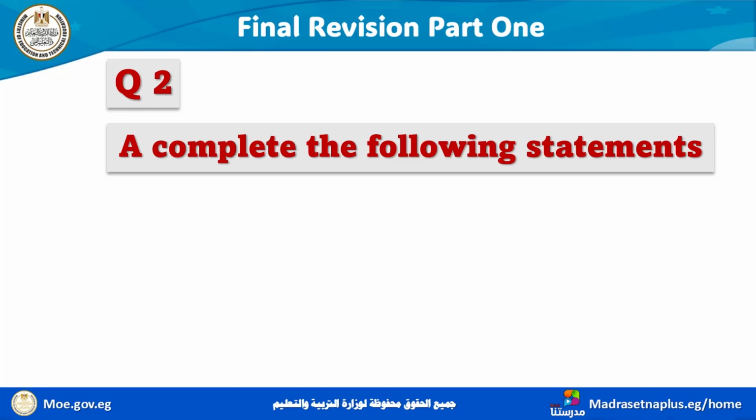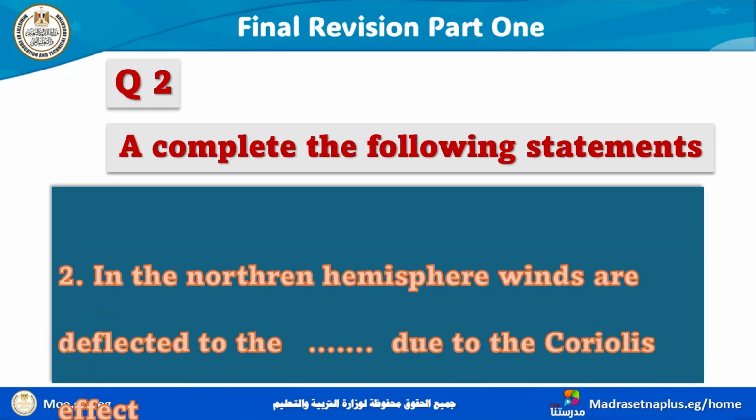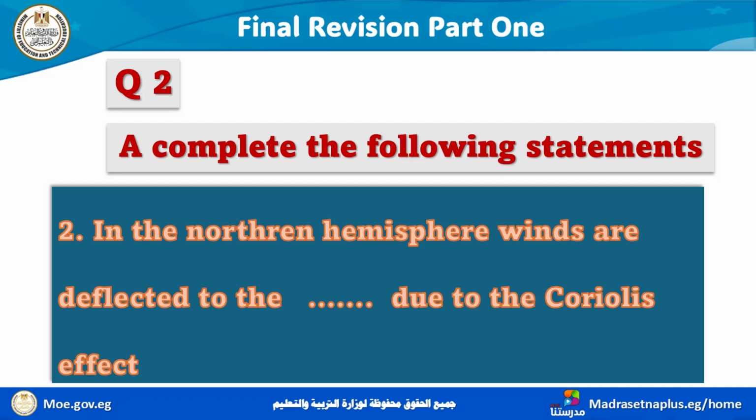Complete the following statement. Number 2. In the northern hemisphere, winds are deflected dash due to the Coriolis effect. In the northern hemisphere, winds are deflected to the right due to the Coriolis effect. Of course, the Coriolis effect is a force caused by the rotation of the Earth.